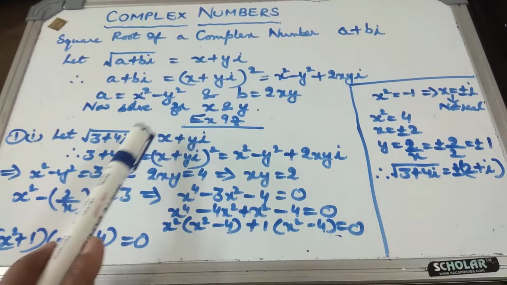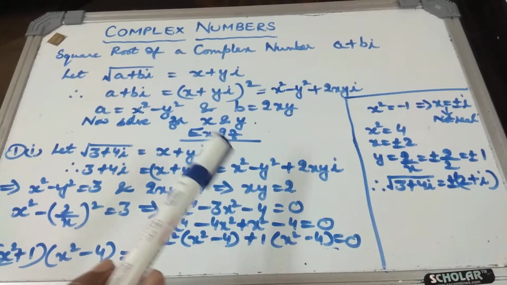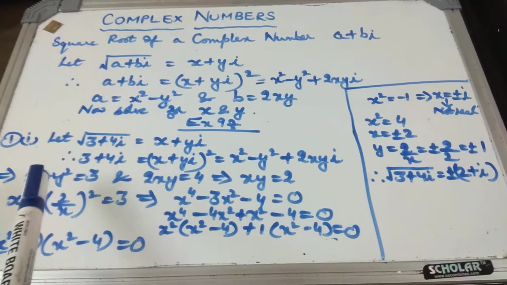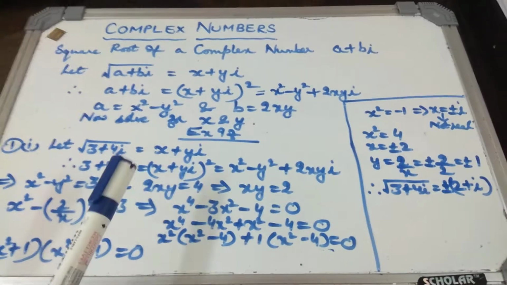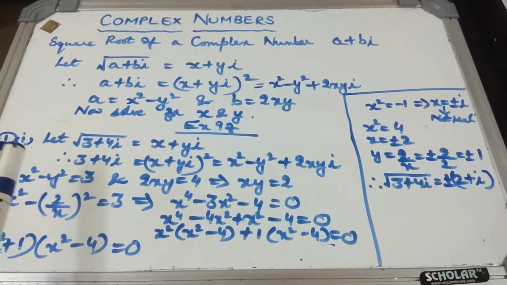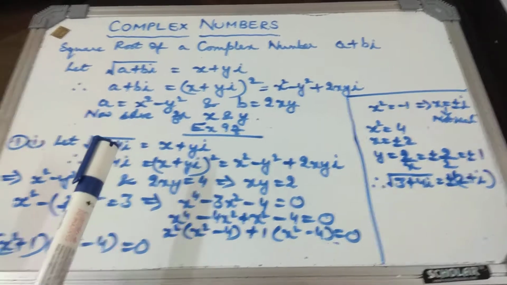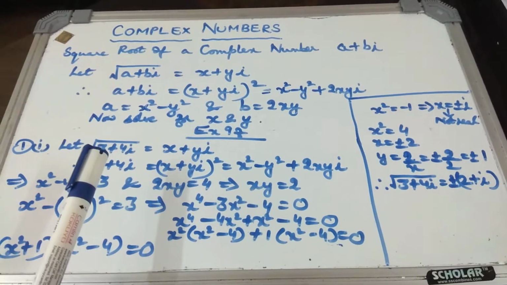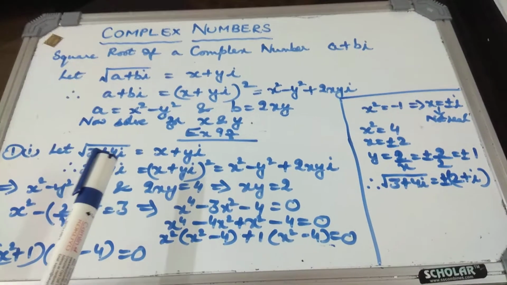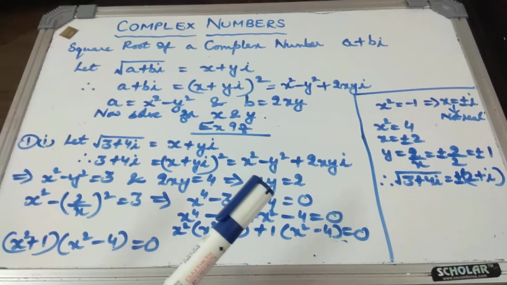Obviously, the square root of a complex number is always a complex number, so when you are assuming, you will assume it as a complex number. Now, squaring both sides, I have not written it, but if you want, you can write squaring both sides because it is understood we are trying to get rid of the square root sign. Unless the sign is removed, we cannot do the equation solving part.